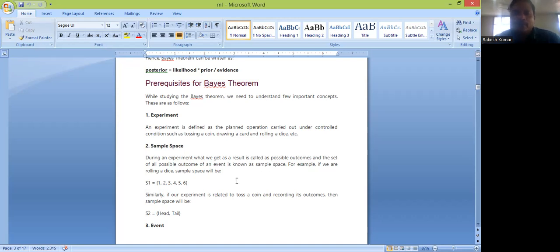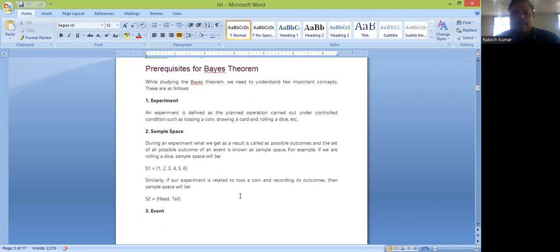Now, sample space. During an experiment, the results we get are called possible outcomes, and the set of all possible outcomes of an event is known as the sample space. For example, if you are rolling a die, the sample space will be S equal to 1, 2, 3, 4, 5, 6, since almost every time we throw a die we will get a different number.